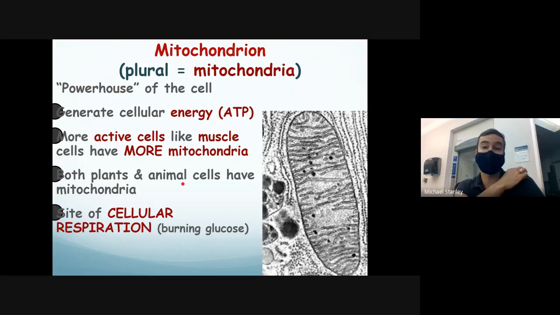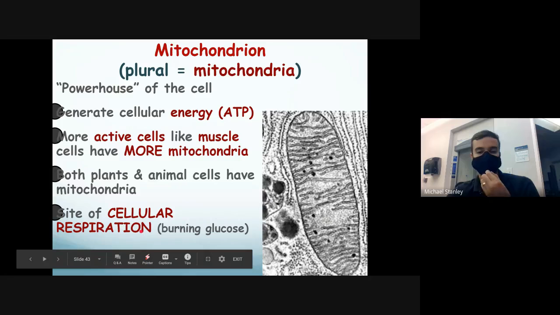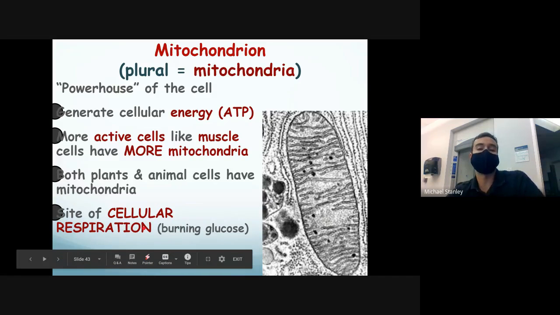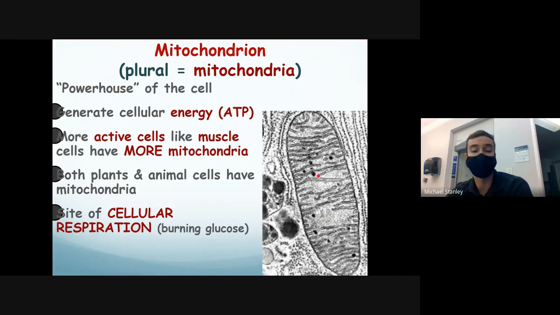So the fancy scientific word for making energy is called cellular respiration. Normally if you think about respiration, you think about the respiratory system, like your lungs and breathing oxygen in and out. This is a little bit different from that. Cellular respiration is how mitochondria make energy from sugar, essentially, from carbohydrates.